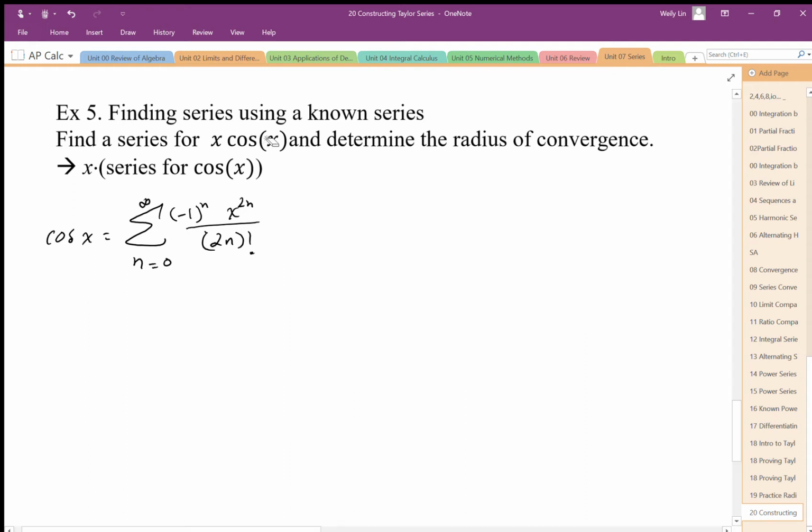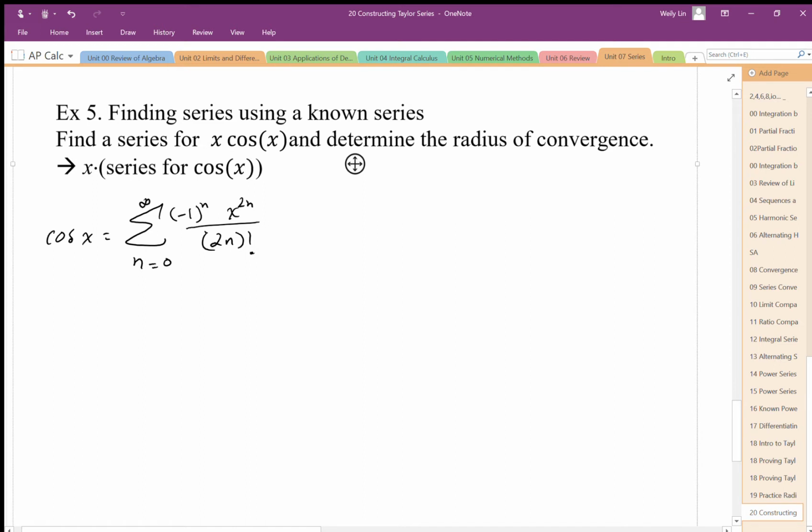The known series for cosine, because we worked it out the last time, is a fairly standard series. So to generate this x cos x, we're just going to take x and multiply it by this series for cos x. So here's the series for cos x.